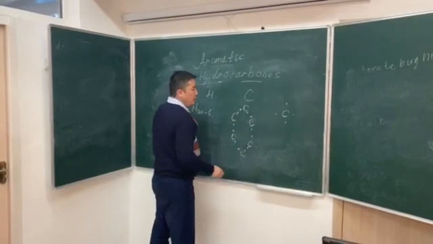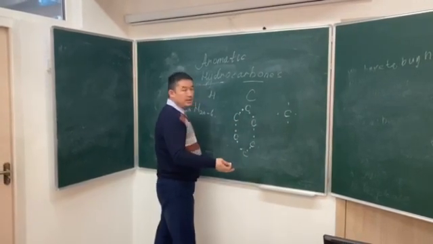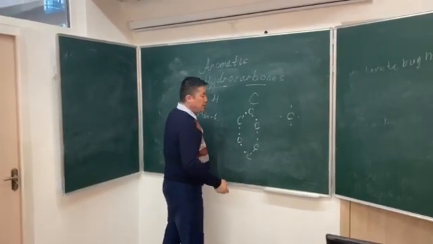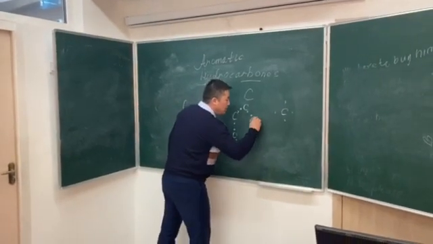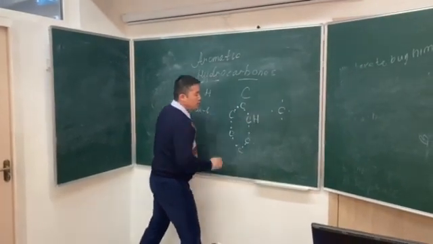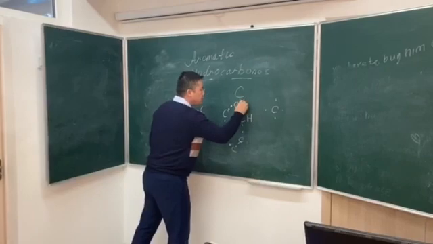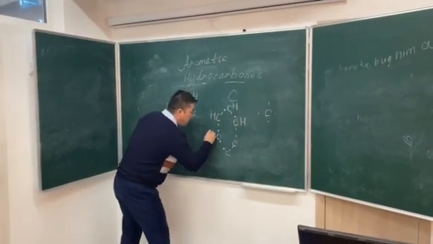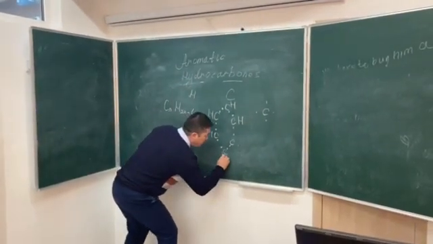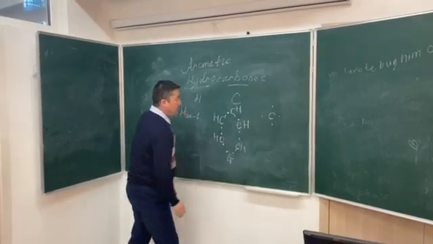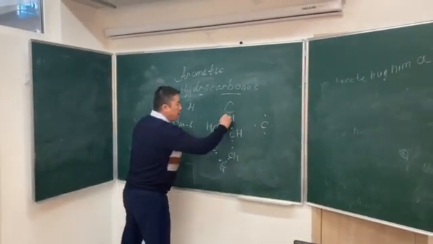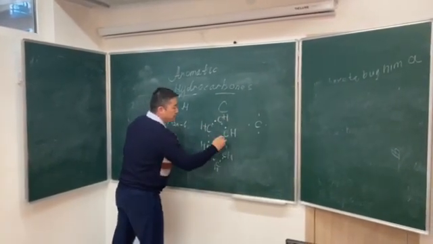We need other 2 electrons. So here we give 1 hydrogen atom. Here is 1 hydrogen atom. But a hydrogen atom has 1 electron.